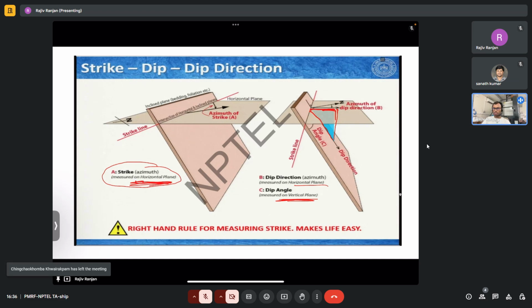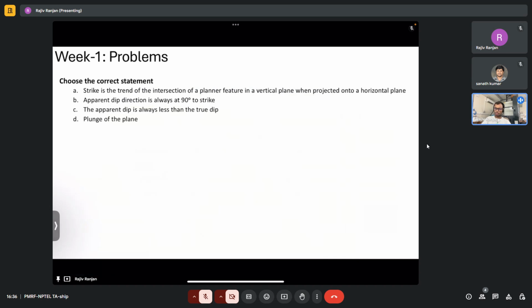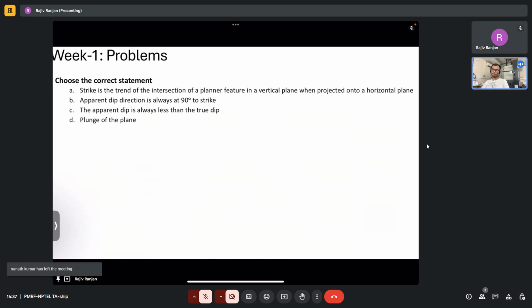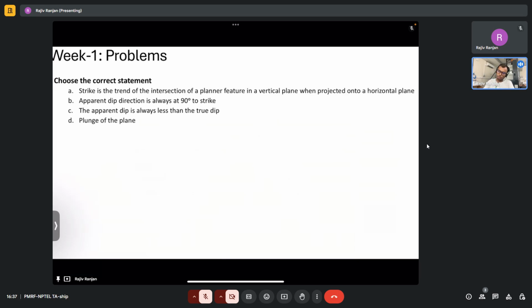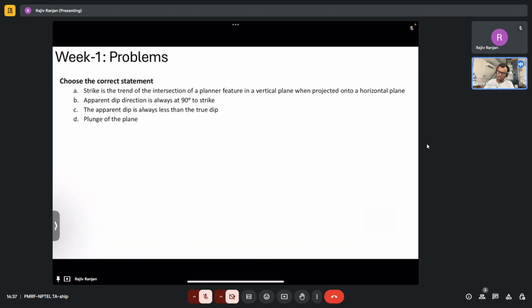We will go through a number of problems, and you will understand this. Okay, once again, the next question is related to the same topic. Please read it. Choose the correct statement. Option A, strike is the trend of intersection of a planar feature in a vertical plane when projected on a horizontal plane. Option B, apparent dip direction is always at 90 degrees to the strike.